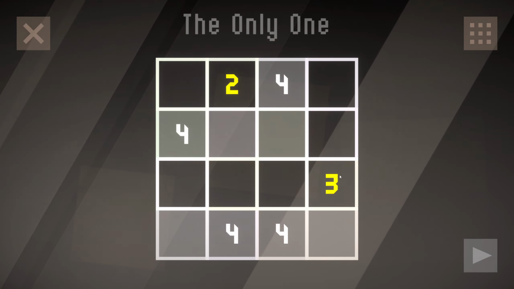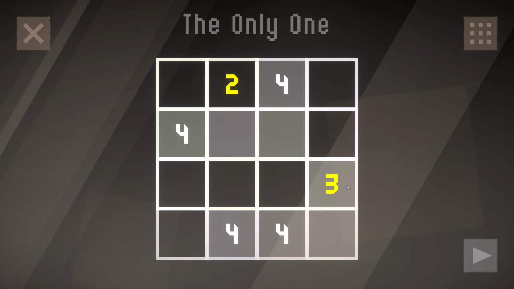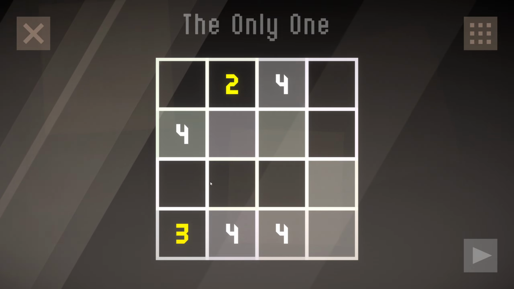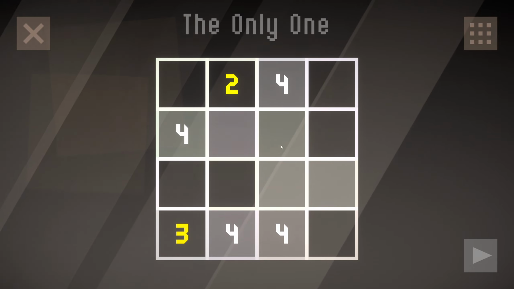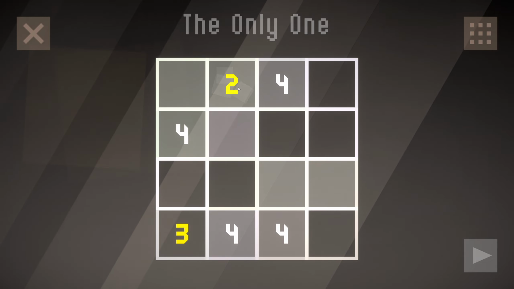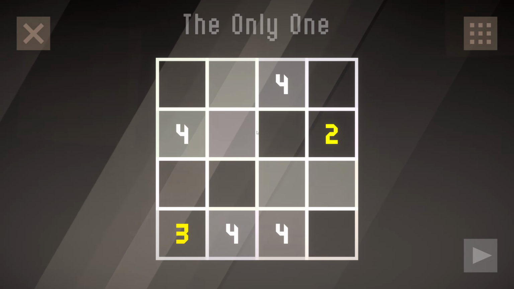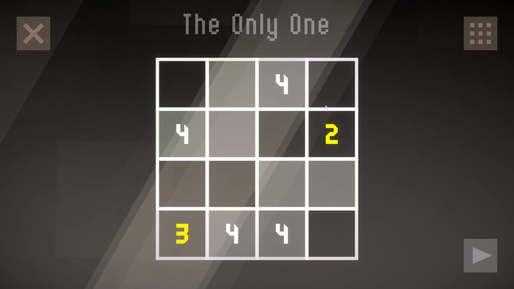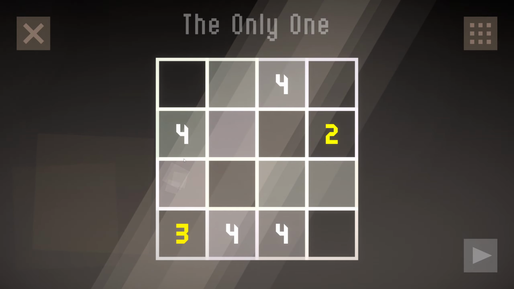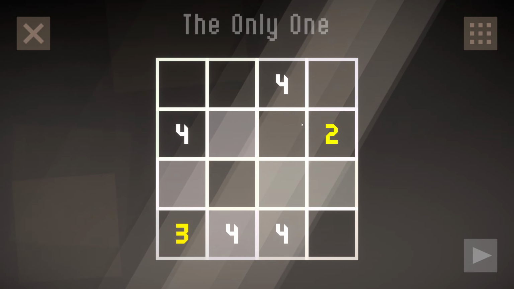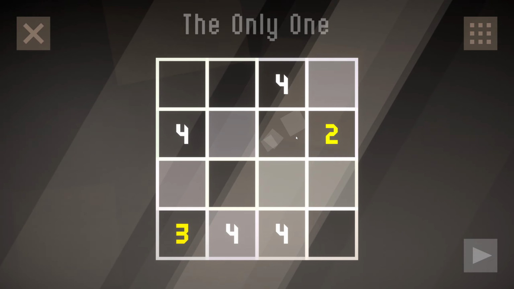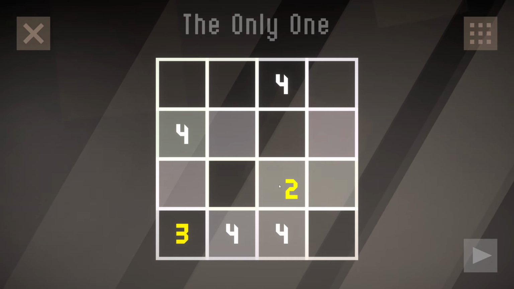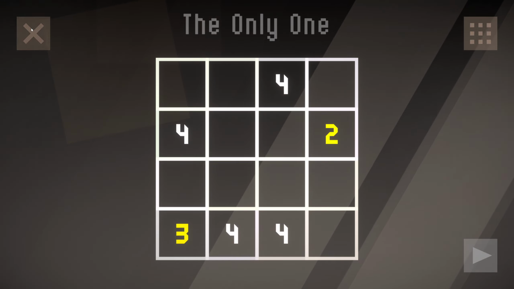But this arrangement seems least likely, because I can't light up any of these tiles. There's 4 and 4, and 3 and 3. Something here. I can feel it.